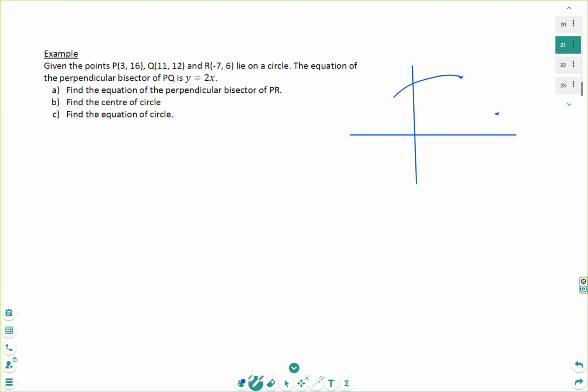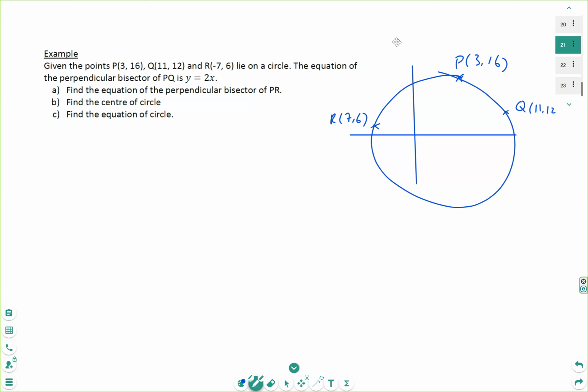So I can visualize the circle as something like this. I know this is a perfect circle. I just mentioned there's no perfect circle in the earlier video, but I was wrong. This circle is perfect. So this point P is (3, 16) and Q is (11, 12), and R is perhaps here.